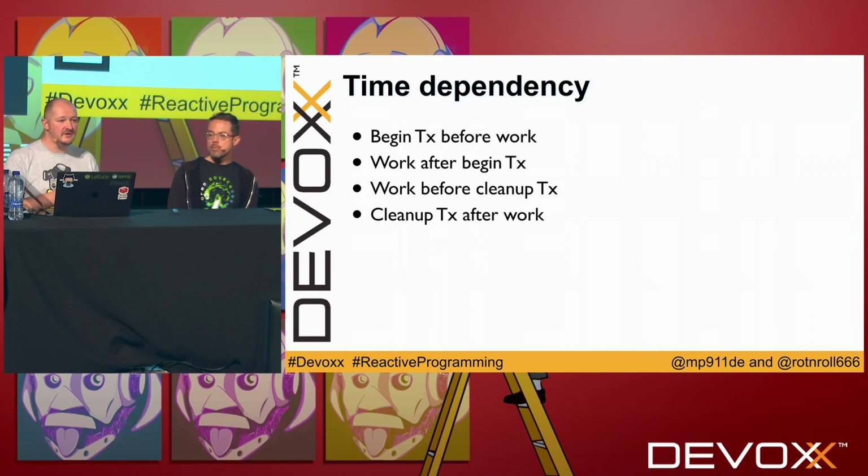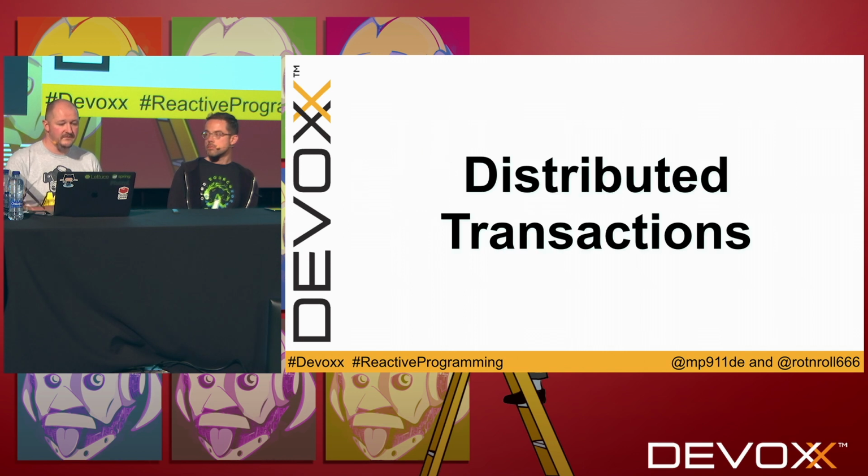So we must not basically drag our work outside of the transaction scope and clean up the transaction while some activity is going on. And finally, the transaction cleanup can only happen after our unit of work is finished. So that's basically the anatomy of such a transaction.